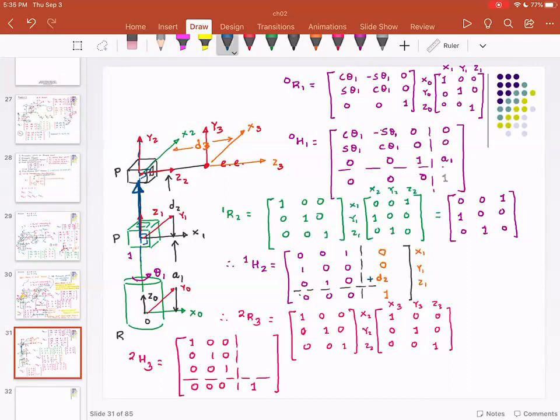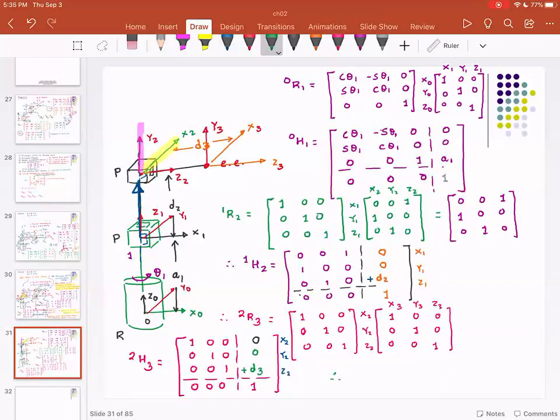Here you will have the distance in x2 direction, y2 direction, and z2 direction. In x2 direction, the distance is 0. In y2 direction, it is 0. But in z2 direction, the distance is d3, and this is positive.